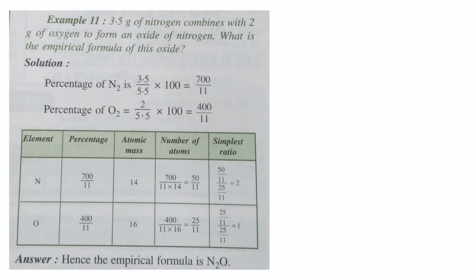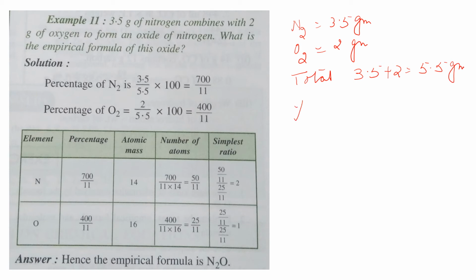3.5 gram of nitrogen combines with 2 gram of oxygen to form an oxide of nitrogen. What is the empirical formula of this oxide? Now I am having nitrogen, that is 3.5 gram, and oxygen I am having 2 gram. That means the total mass of this oxide, which is formed by nitrogen and oxygen, is 3.5 plus 2, that is 5.5 gram.